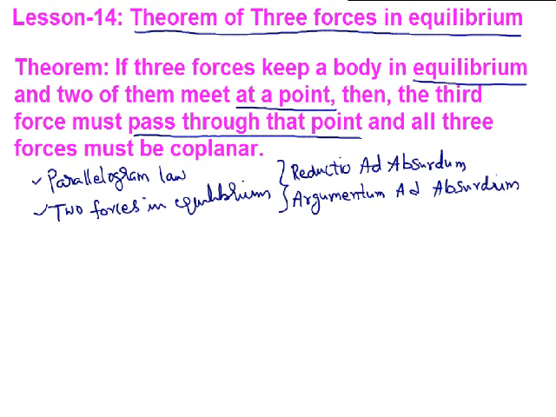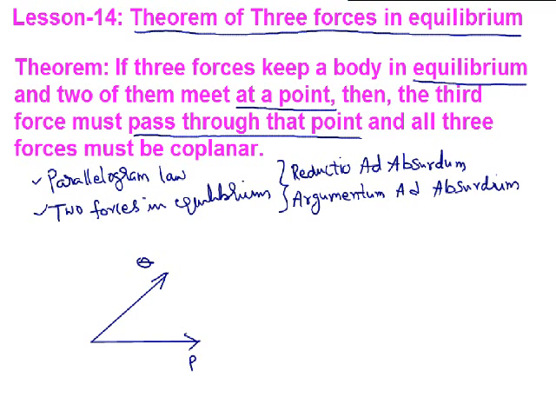To begin with, let us consider that we have three forces P, Q and S. Let us say this is force P, and you have another force Q which is intersecting P. So you have two forces meeting at a point, which is permitted in the theorem.